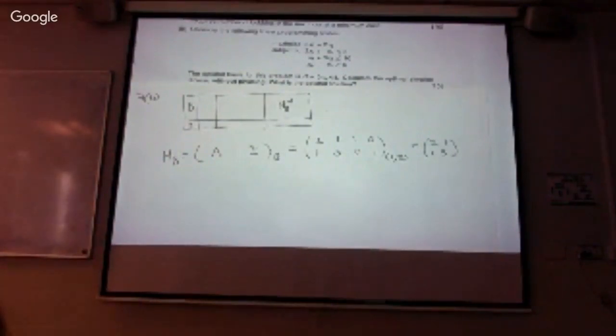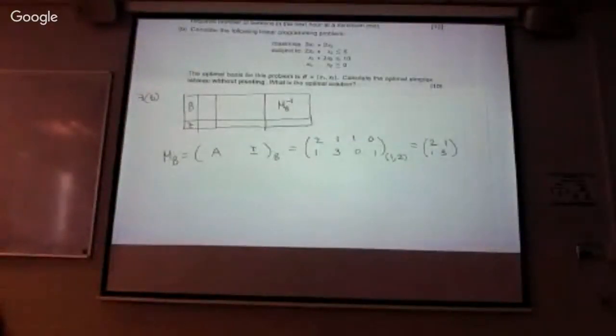Now you have to do the inverse. For a 2 by 2 matrix, you should be able to do the inverse out of the bucket, or use MATLAB or something.